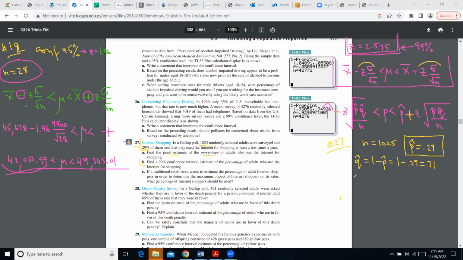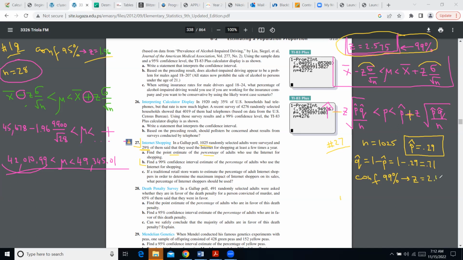Now they also say that the level of confidence they want to have is 99%. So maybe some company is trying to open its online shopping, some kind of department. And based on this, notice that 99% confidence tells us right away the Z-score. We just used it above, so that was 2.575.